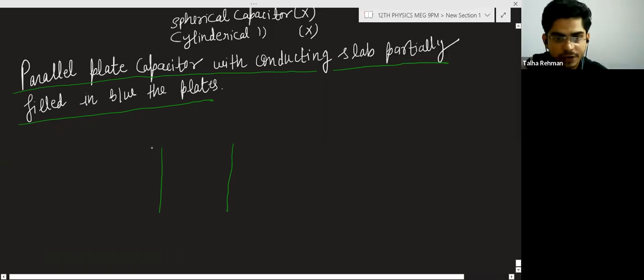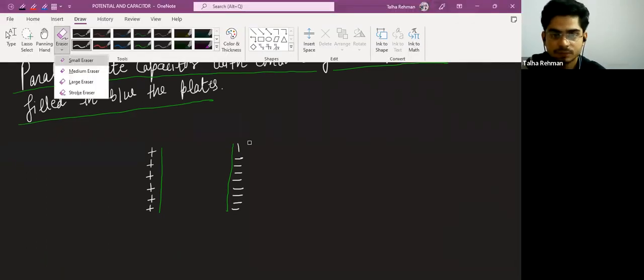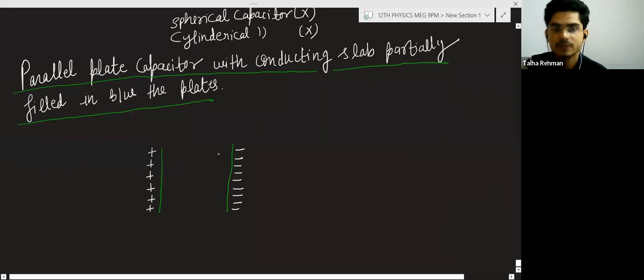I already told you, one plate has positive charge and the other plate has an equal amount of negative charge. Very simple topic. And I have told you that first we will calculate the electric field.